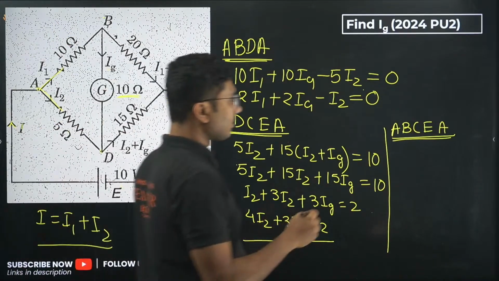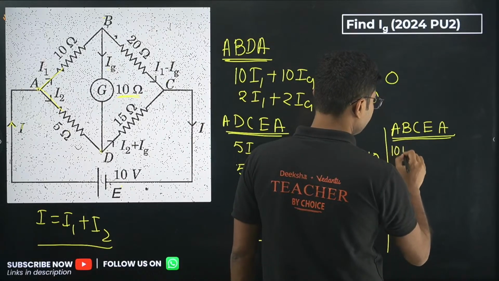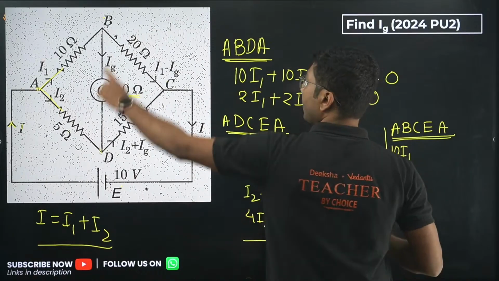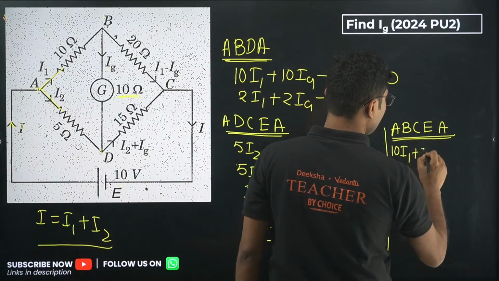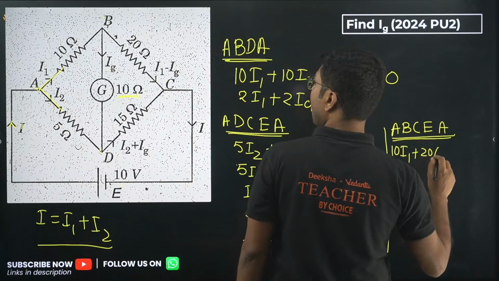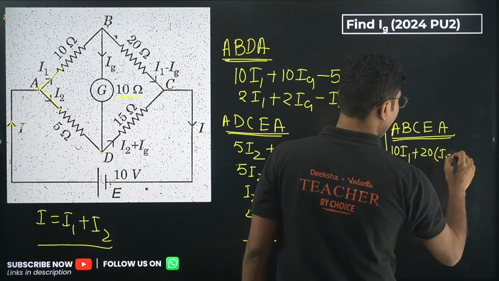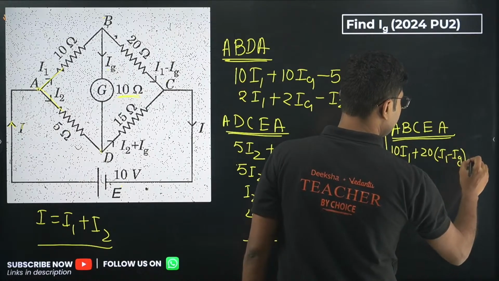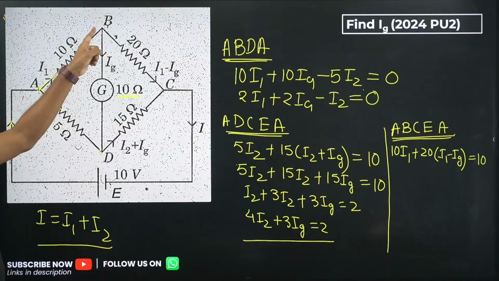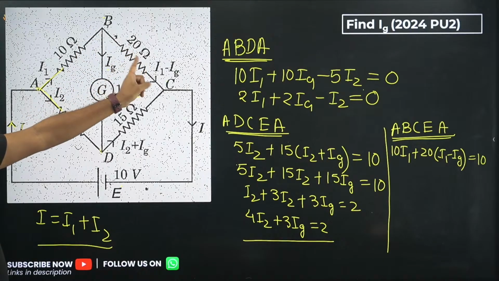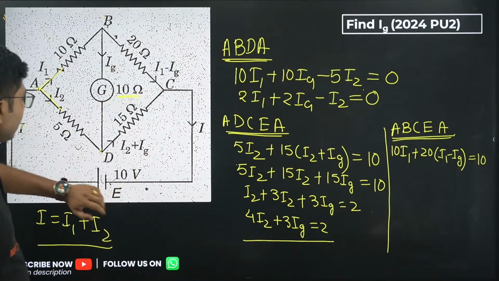Again, 10I1, again we are going in the direction of current, so plus 20I1 minus Ig is equal to 10. Okay, 10I1 plus 20I1 minus Ig equals 10.